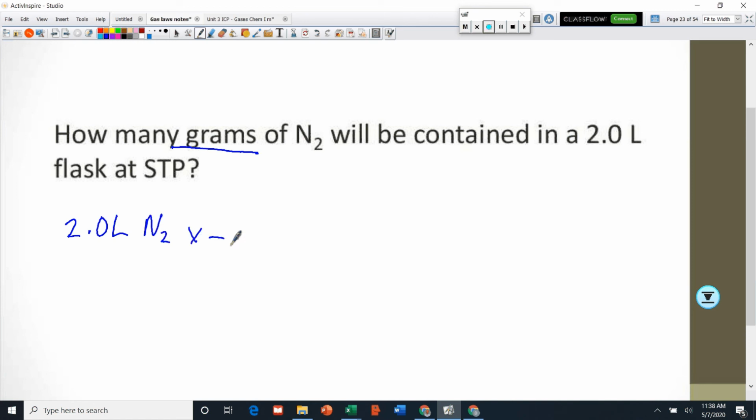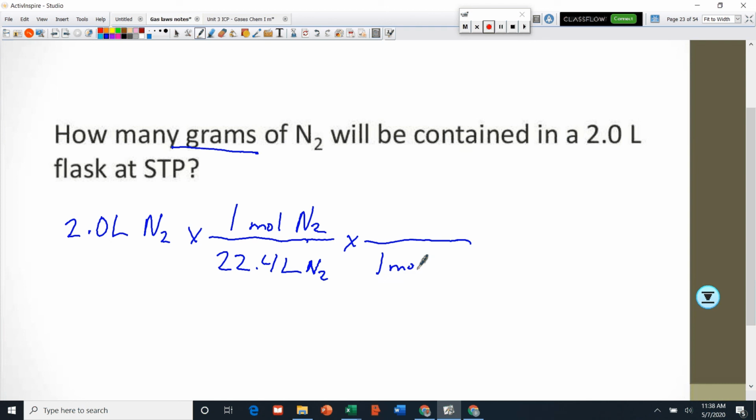Now, how do I get that into a number that I can get grams from? Well, my first step would be to solve for moles. I know that there are 22.4 liters of nitrogen in 1 mole of nitrogen, and that's going to give me moles of nitrogen.